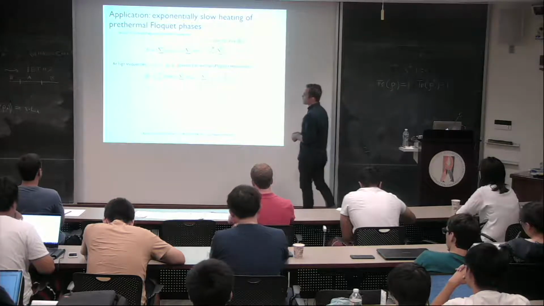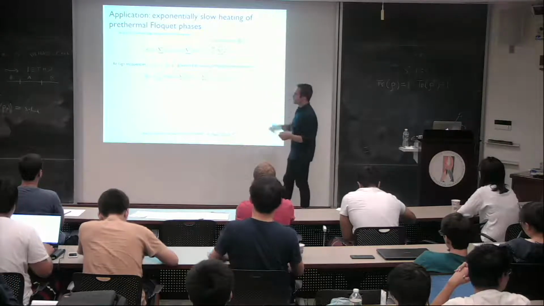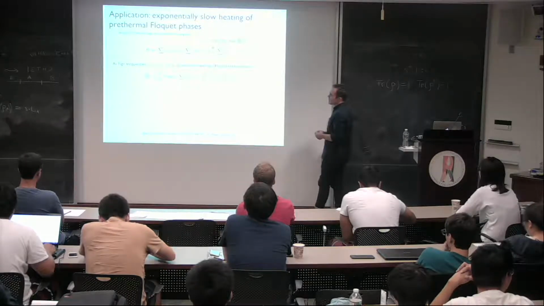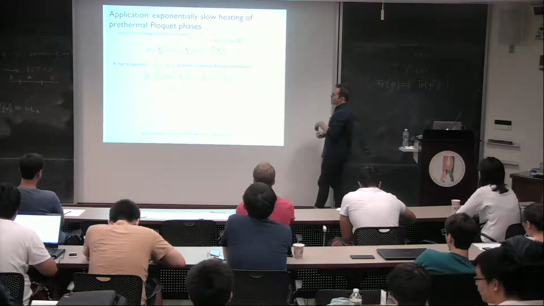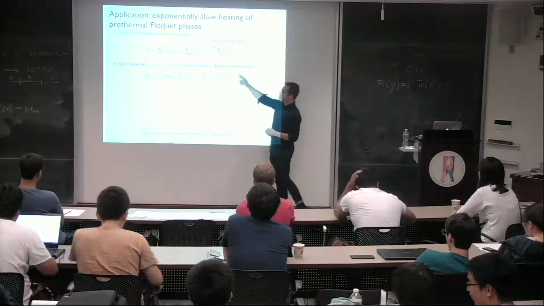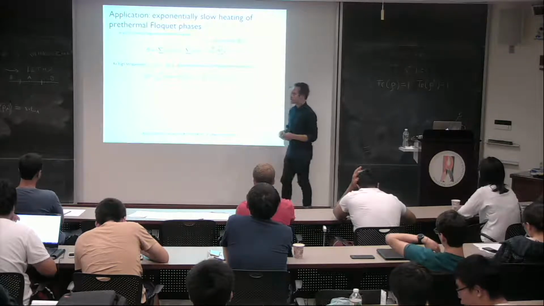Now, at very high frequencies, defined by the ratio of the drive frequency to the interactions J, you'd expect that the time dynamics will end up being governed effectively by the average of the Hamiltonian over one period. So this is the so-called Magnus expansion.